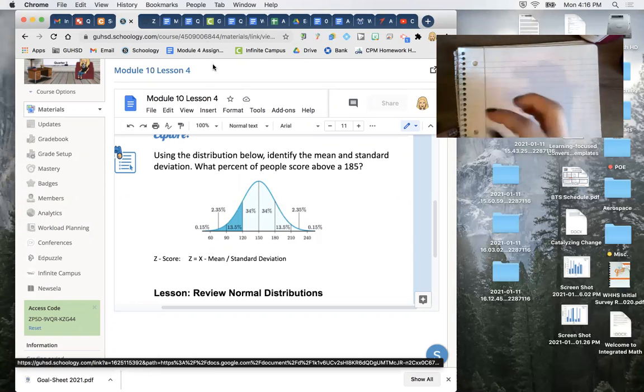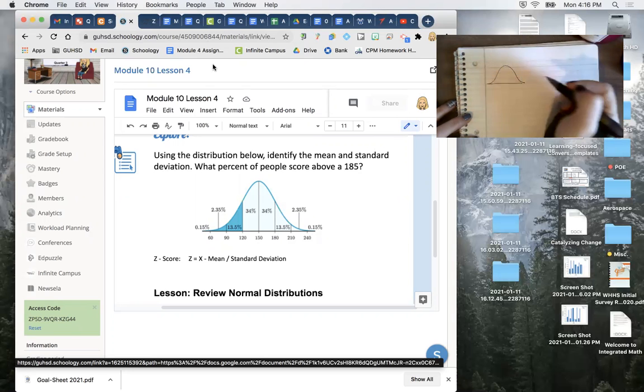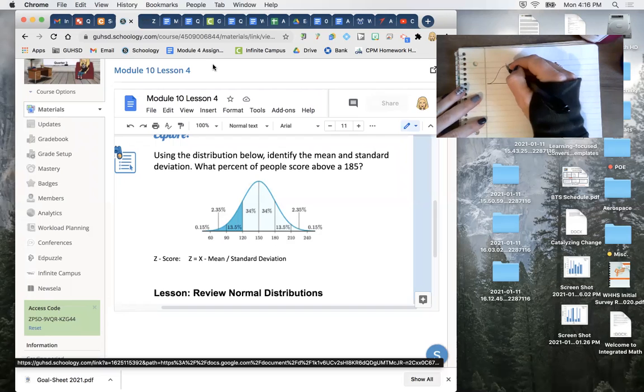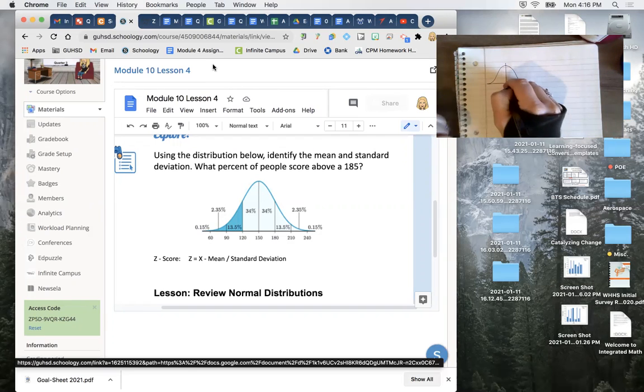Okay, so on here, if they were asking me to calculate a z-score, the first thing I would always do is draw a table, and you'll see me do this again in our practice for tonight if you watch the video. So I have my mean right here at 150, and they're asking what % of people scored above a 185?